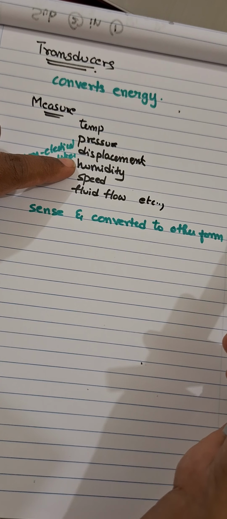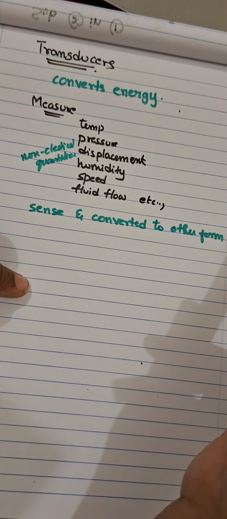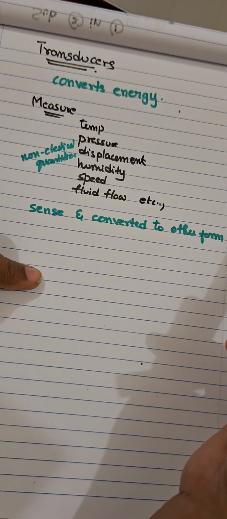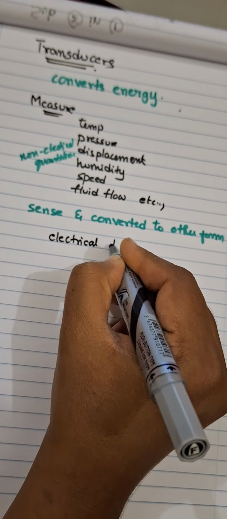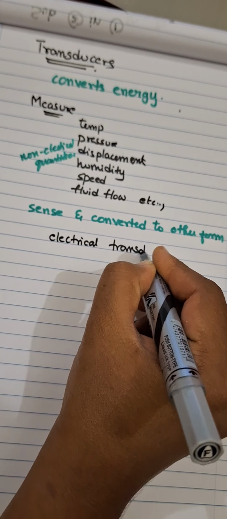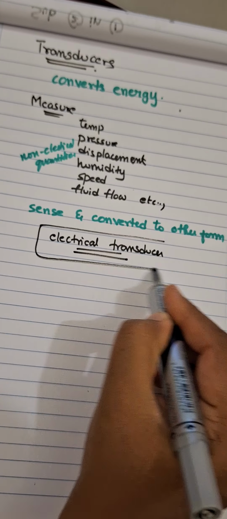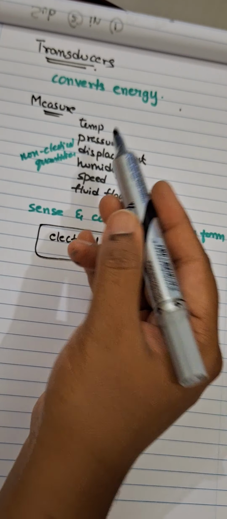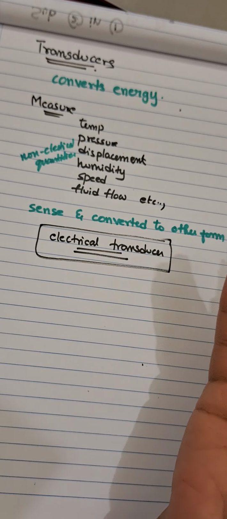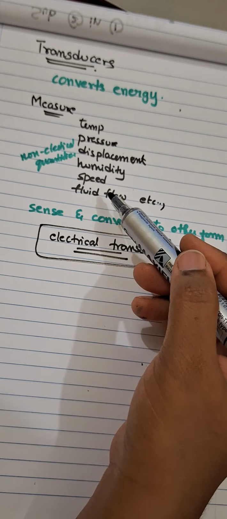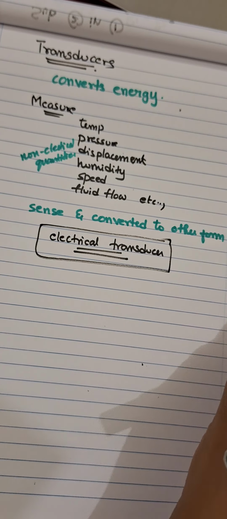Converting these non-electrical quantities into electrical is done by using a device called an electrical transducer. So the electrical transducer is the device which helps to convert these non-electrical quantities into electrical and then measure, because to calculate the electrical values we have the components, but for these non-electrical quantities it's not easy. That's the reason we are going for a transducer.